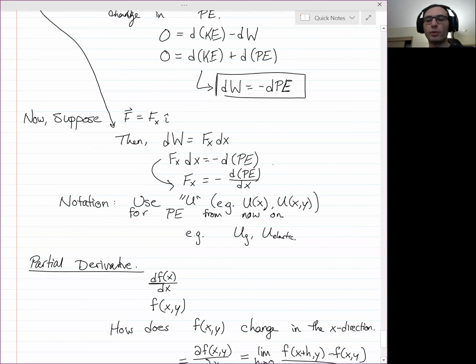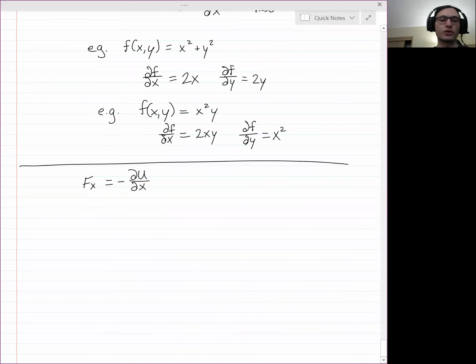The reason there wasn't a partial derivative here was because it was only a function of x. But once it becomes a function of more than just x, it has to be a partial derivative. Similarly, the force in the y direction is the negative partial derivative with respect to y, and the force in the z direction is the negative partial derivative of U with respect to z. So where does that get us?